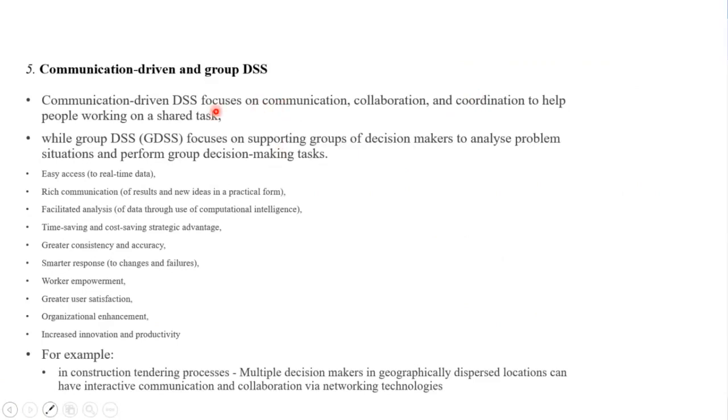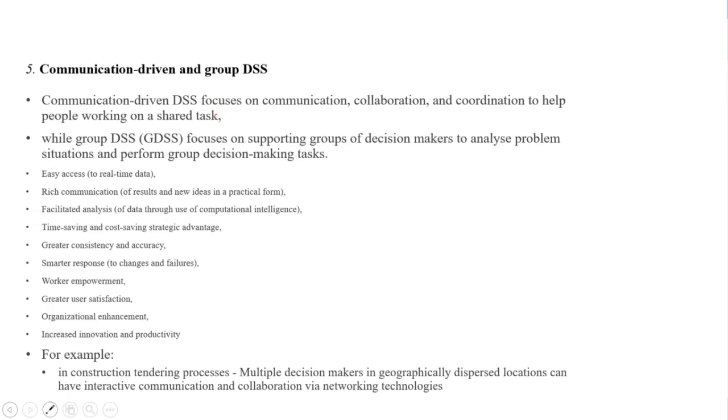A good example is Microsoft Teams, because on Microsoft Teams, it's not just for having meetings, but you can actually have a team, and then you can have documents shared. You can have tasks shared on it. You can create plans and all of that, and you can also communicate.